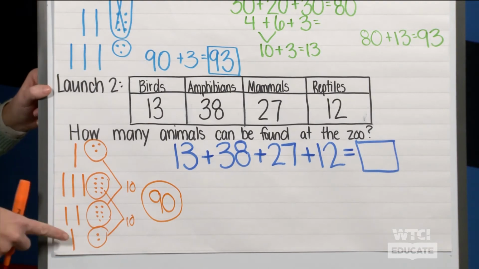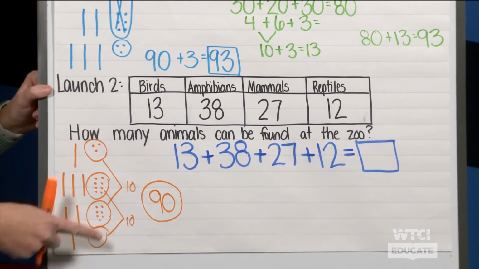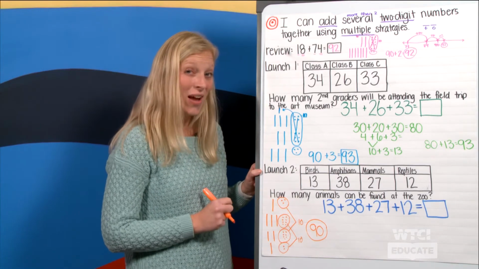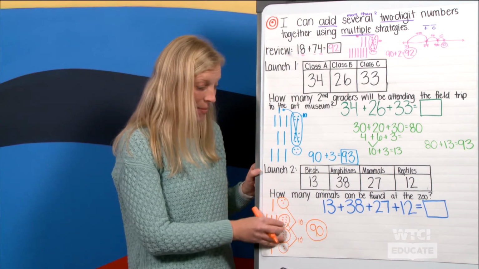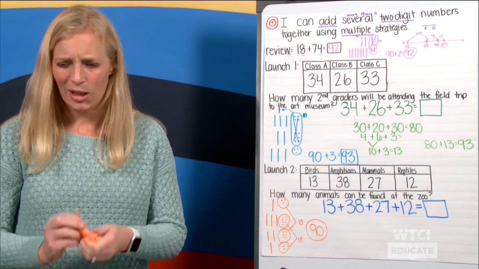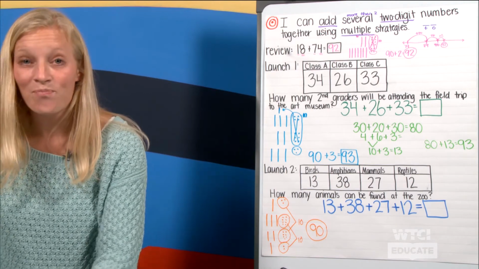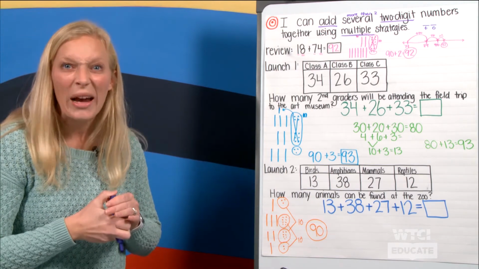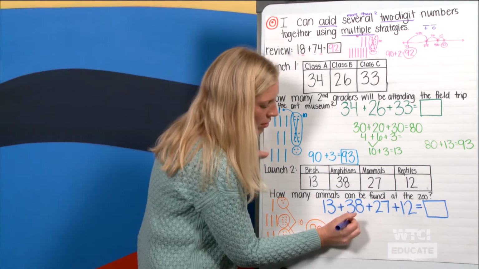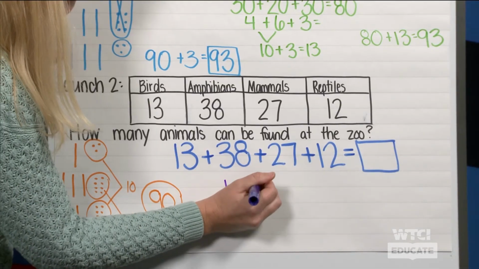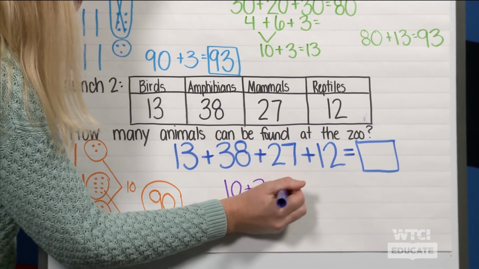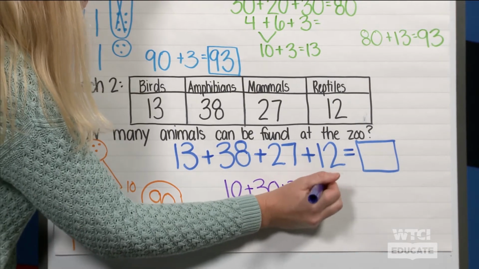Now, I could do my 70 plus my 20 gets me to 90 if I was thinking about my 10s and my 1s. What would that look like if I was doing it with just my equations? 10 and 30, 20 and 10.